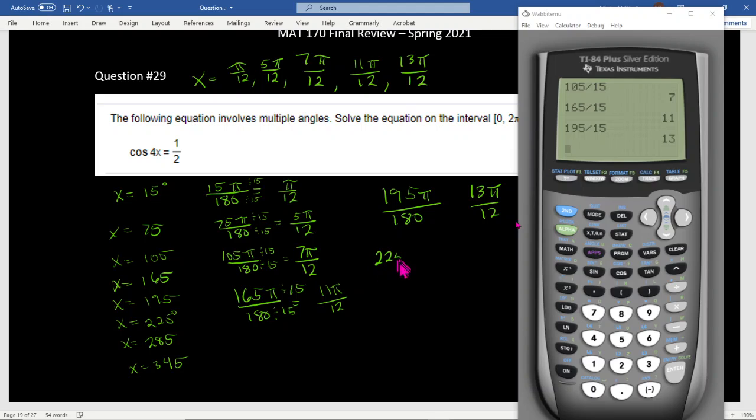Okay. 225 pi over 180. Let's try it again. It's just a matter of multiplication facts, simplifying fractions. 225 divided by 15, and once you get into some of these, the patterns are kind of nice. Okay, 15 pi over 12.